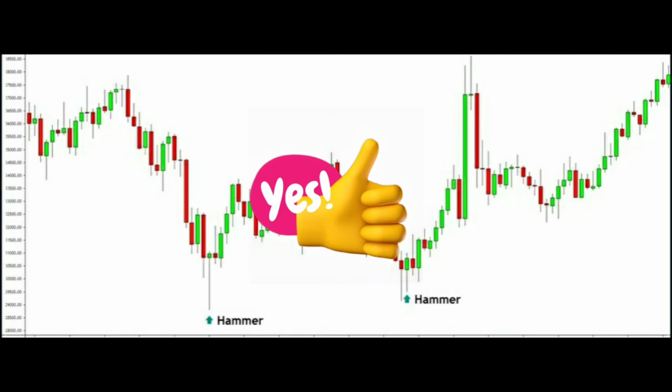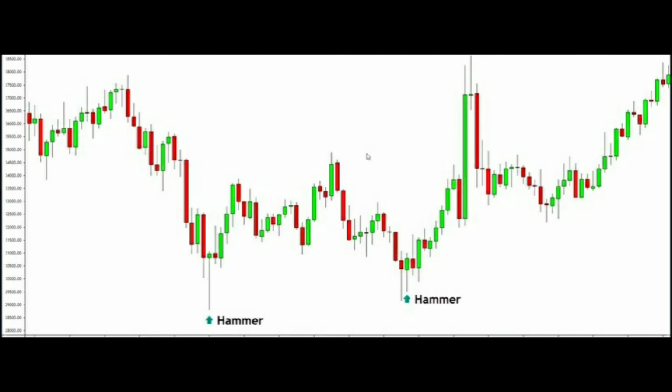Another interesting detail is that the hammer on the left has a much more pronounced lower tail, which implies much larger buying pressure at the bottom. However, this hammer didn't lead to a bullish reversal, despite the dramatic buying pressure implied in the lower tail.